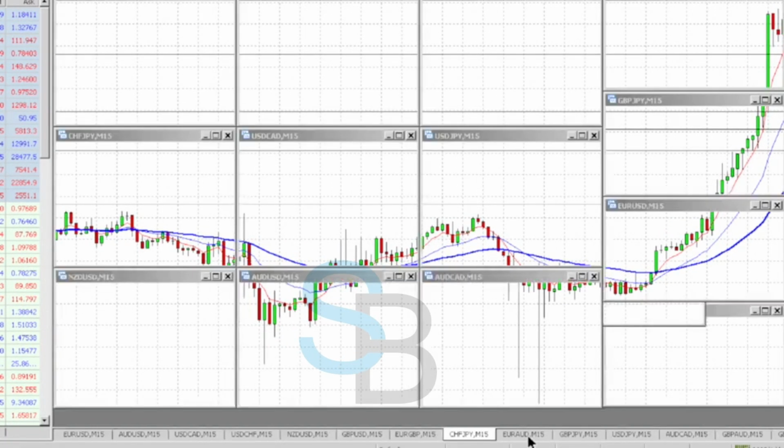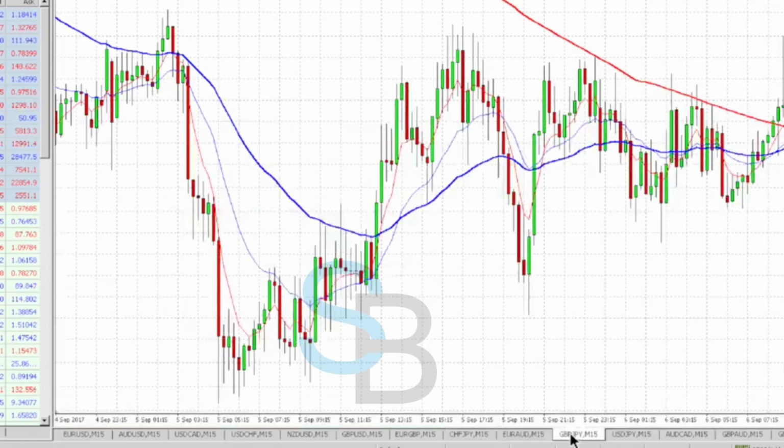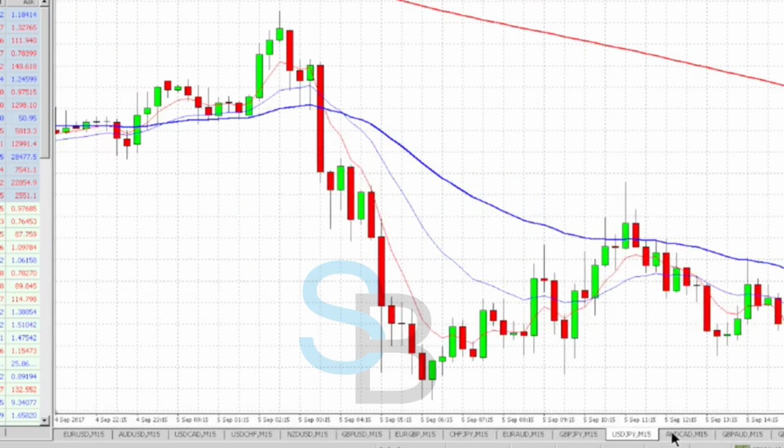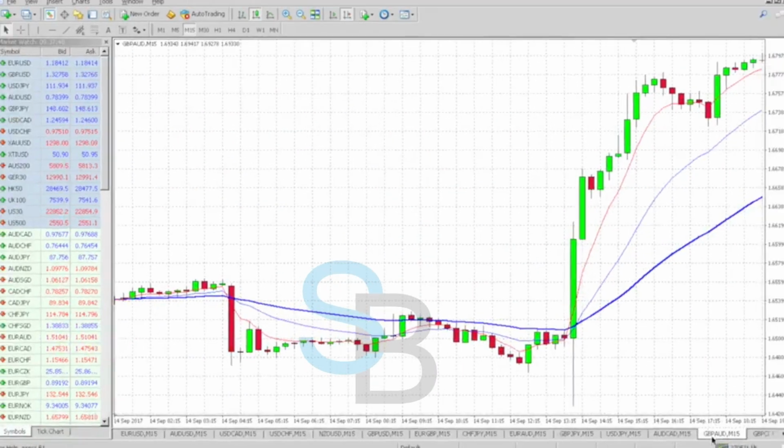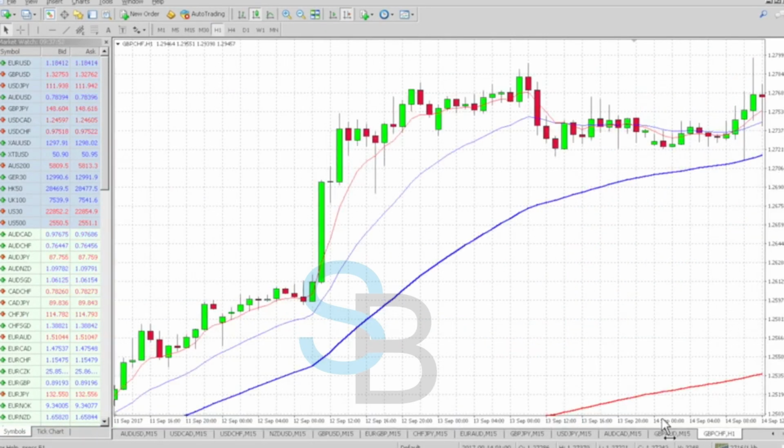Euro Aussie, pound yen, dollar yen, Aussie cad, pound Aussie, and pound franc. So let me see how many are those. I haven't even kept count. Like 1, 2, 3, 4, 5, 6, 7, 9, 10, 11, 12, 13. Yeah, I look at about 14 pairs.